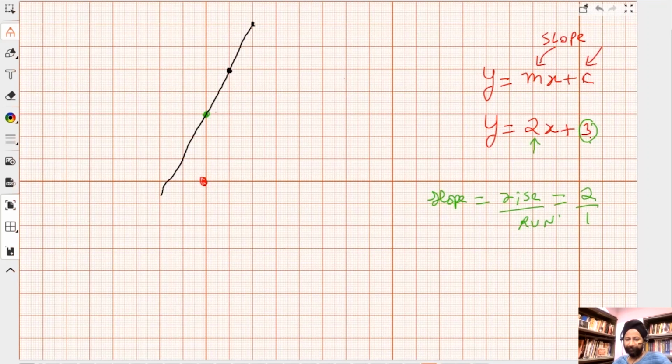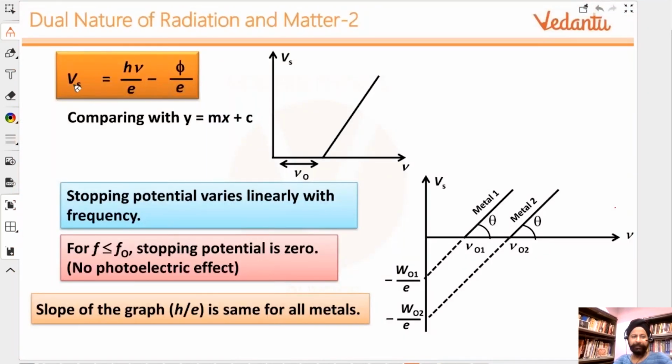Okay. So now if you go back to this, this is exactly like that. I'll write it here itself to save time. So stopping potential is equal to h by e times frequency minus phi by e.